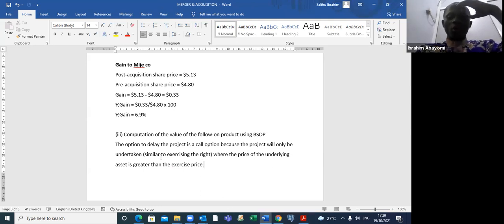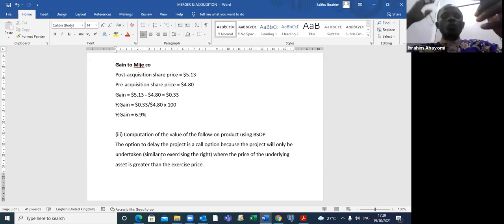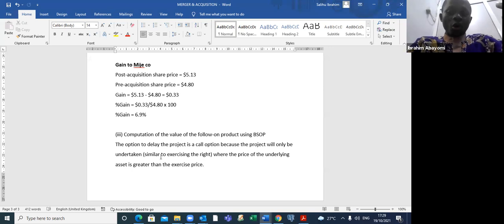That's the reason why it is a call option. You are not supposed to be writing all this story in the exam. I'm just using it to explain to you, for you to know that this is a call option.